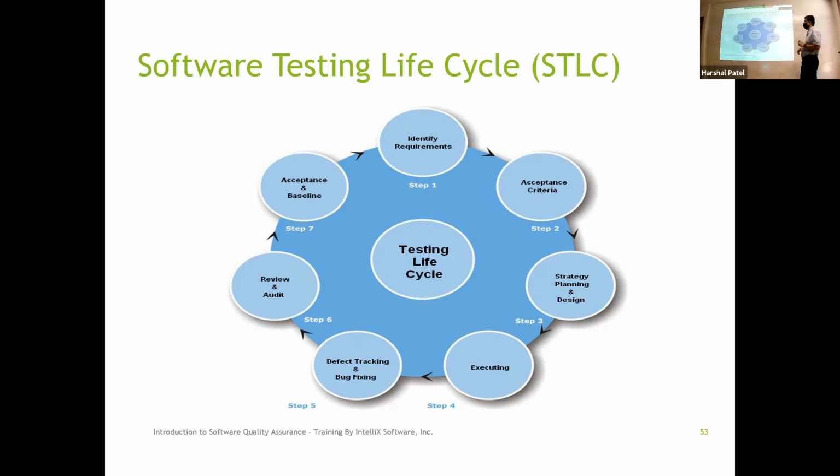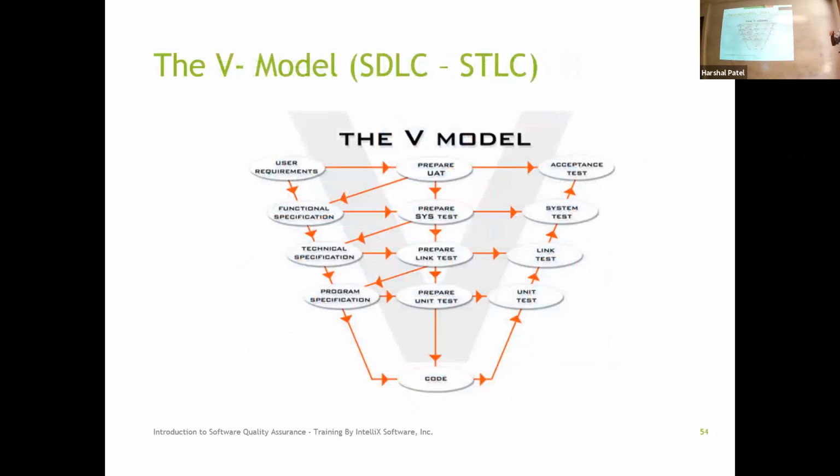All right. So you're going to see the STLC model here like this. But sometimes you will also look at it as something known as a V-model. Okay. So this is nothing but similar to the SDLC, but this goes into much more detail of how you're going to break down your work. Okay.